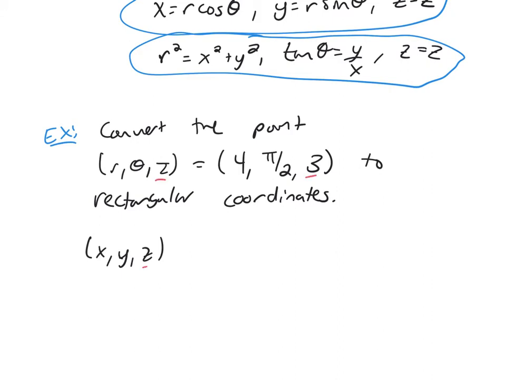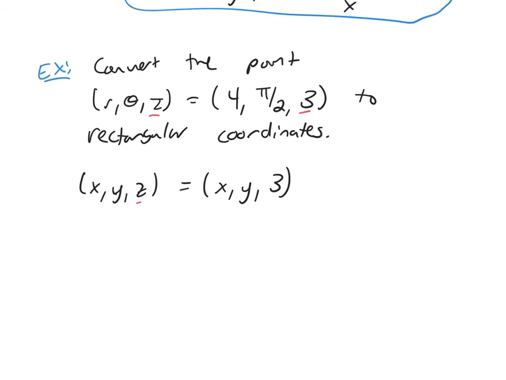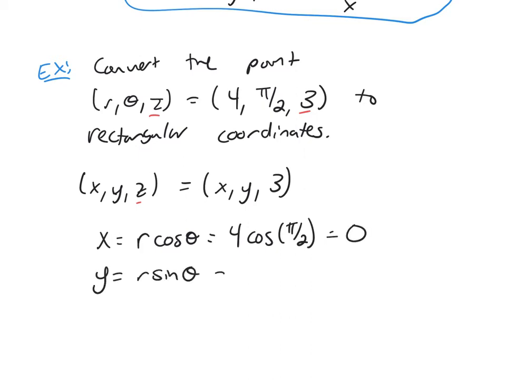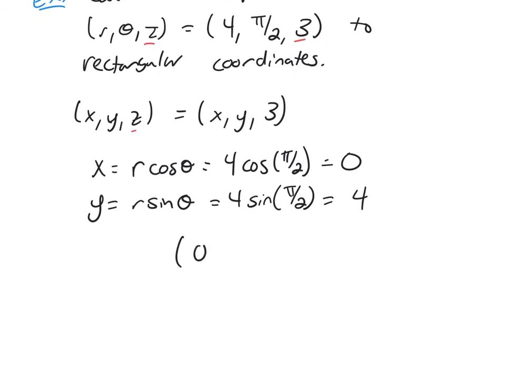Z is 3. So I've already got a head start here, x, y, 3. So all I have to do is find x and y, use our conversion equations. X is r cosine theta, r was 4, cosine of pi over 2, which is 0. Y is r sine theta, 4 sine of pi over 2. Sine of pi over 2 is 1, so it's 4. So now we've converted the point. It's 0, 4, and 3. And that's my answer.